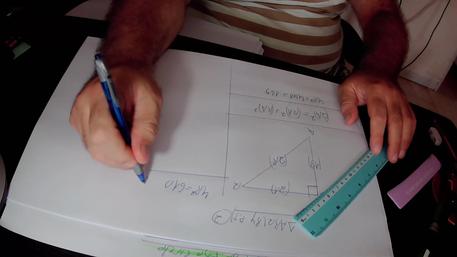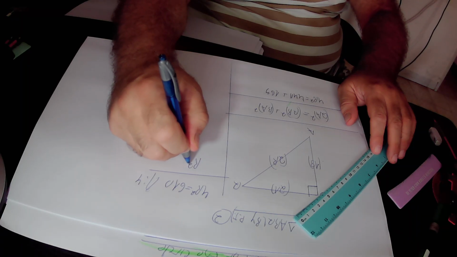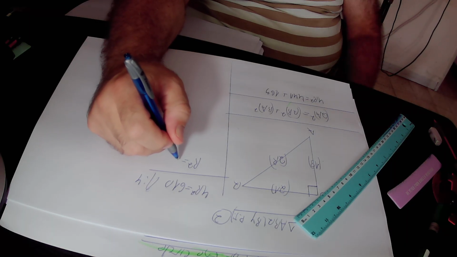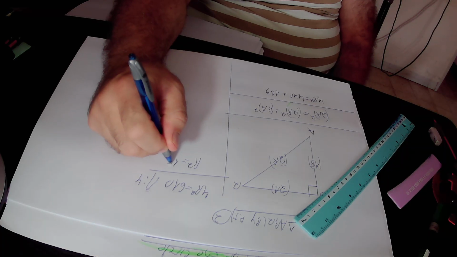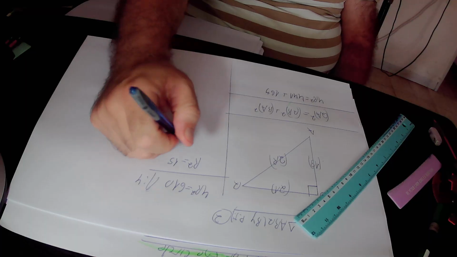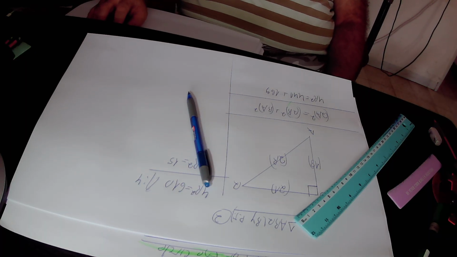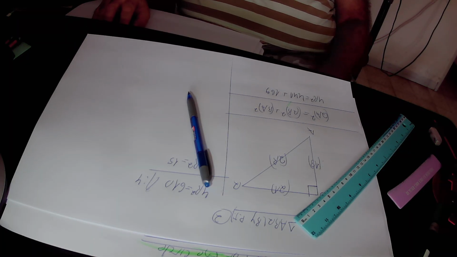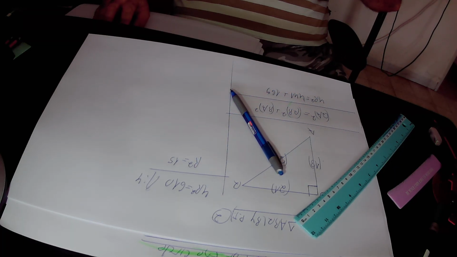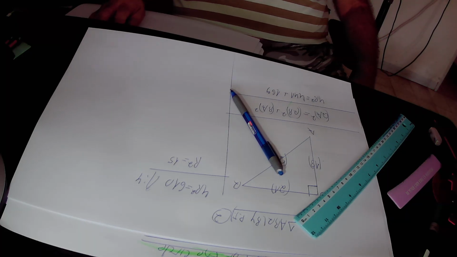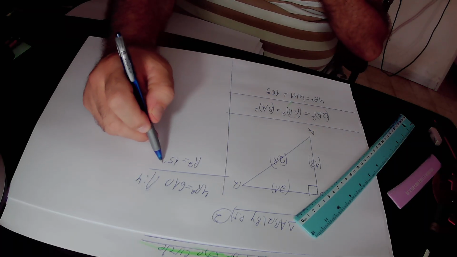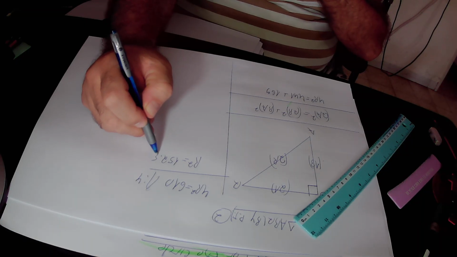Here we divide this equation by 4. 610 over 4 is 152.5. So r squared equals 152.5.